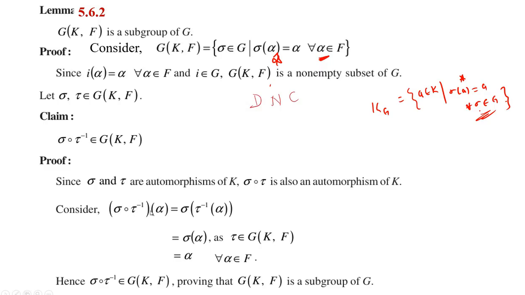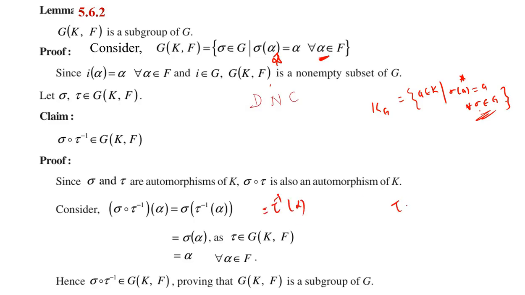So consider sigma composition tau inverse of alpha. By the definition of composition of mappings, this is sigma of tau inverse of alpha. Sigma will keep whatever element you have inside the bracket, leaving the element as such, tau inverse of alpha.